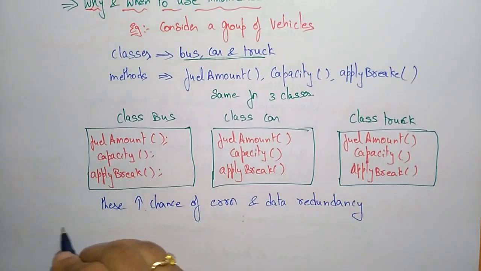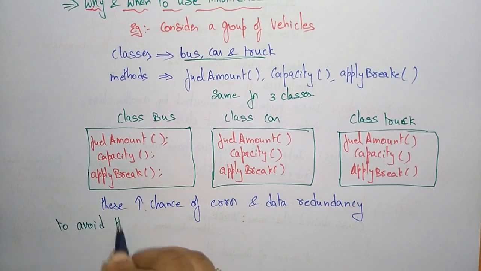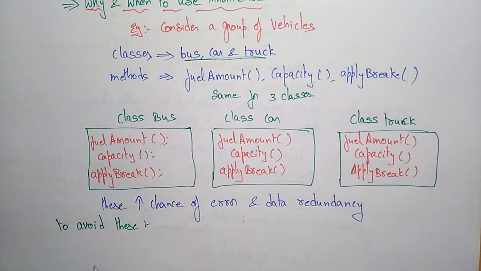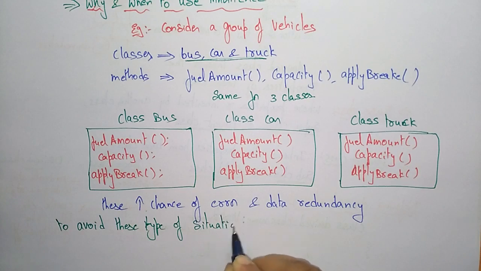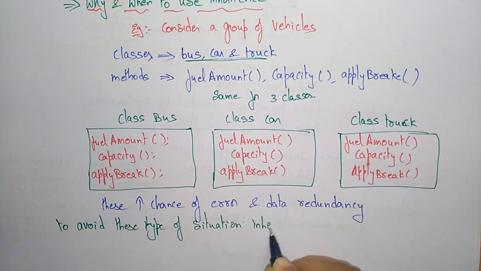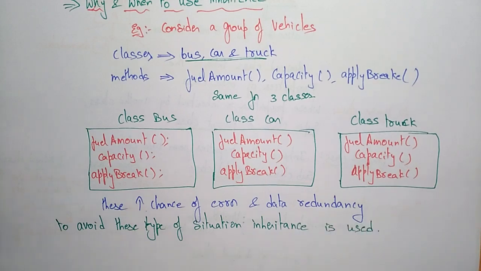So to avoid this type of situation, inheritance is used. I hope you're clear. So why are we using inheritance? To avoid situations that increase the chance of errors and data redundancy.